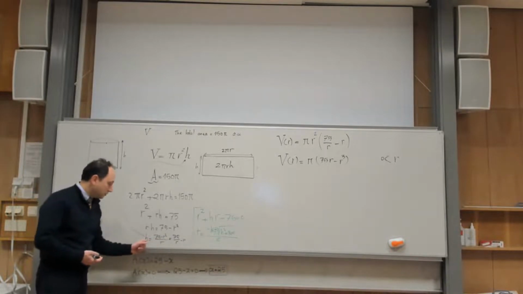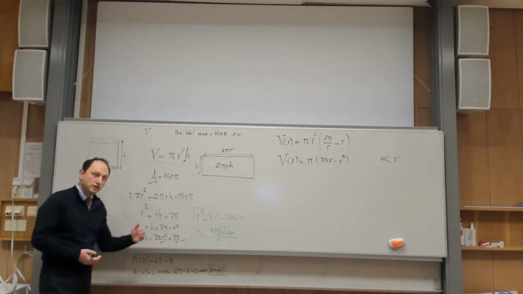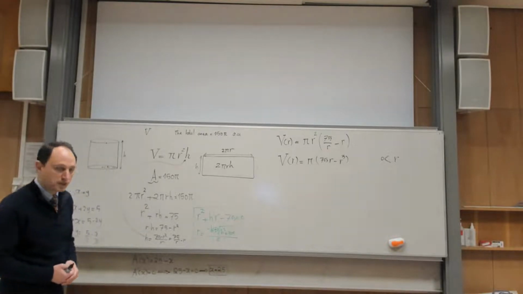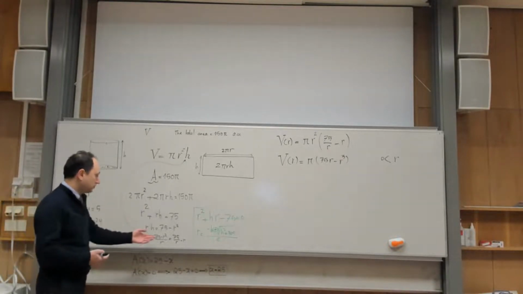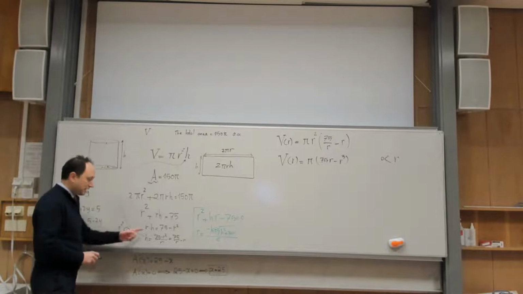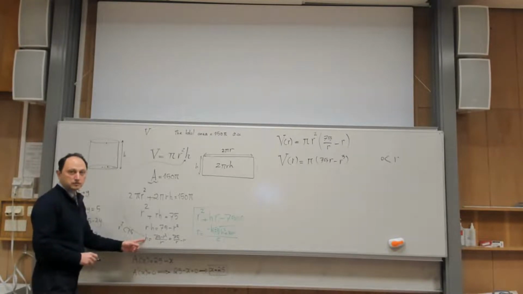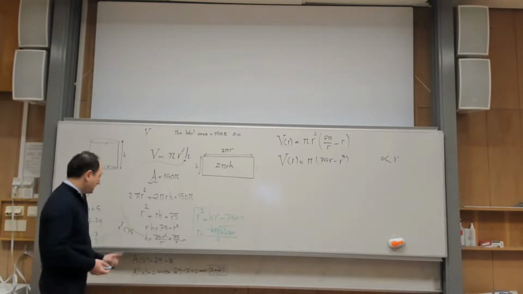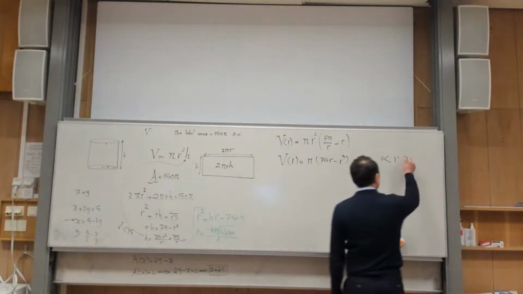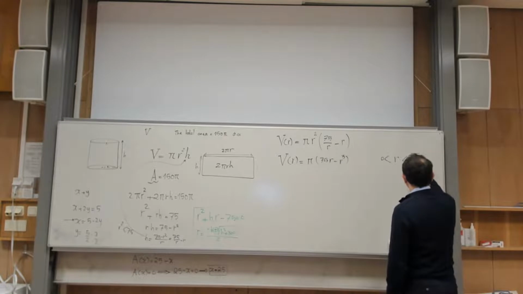So because I want to have h positive, I have a limitation on how big r can be. So the maximum possible value for r is such that r squared should be less than 75, because other than that, h becomes negative, which is meaningless. So then r should be less than the square root of 75.